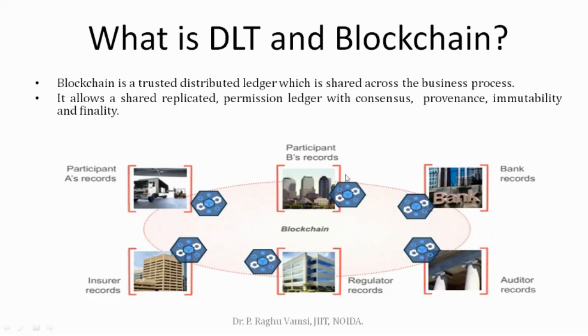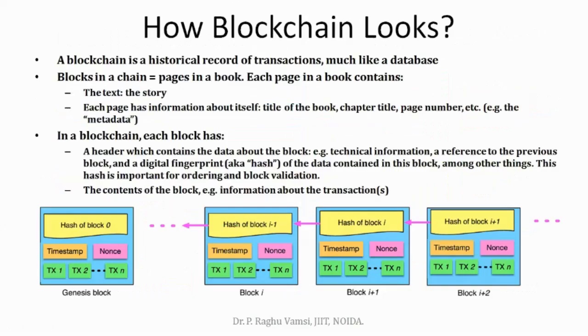So whoever joins the network and has permission to access this network, all those participants will be in a position to get a shared replicated ledger, so that they can also start transactions. They can also participate in the business. This is the way blockchain helps, and how the structure of the blockchain looks.